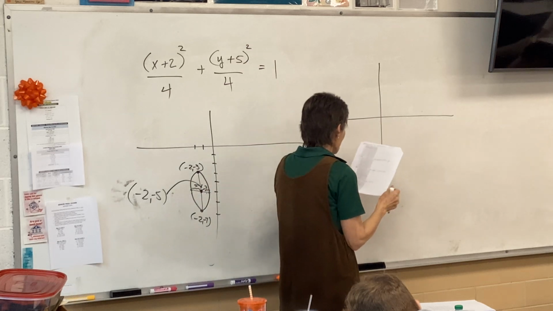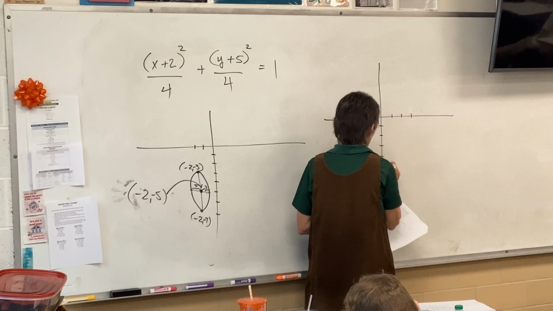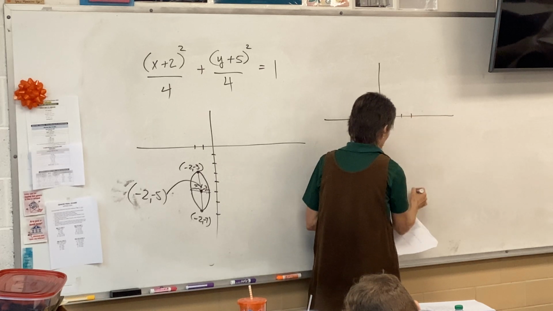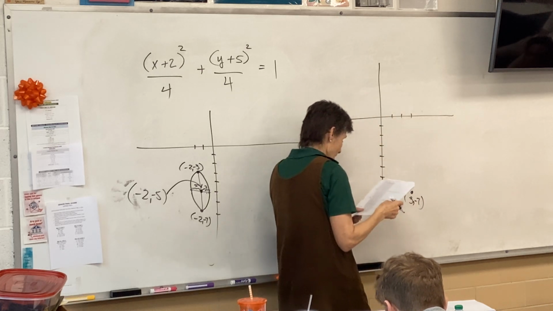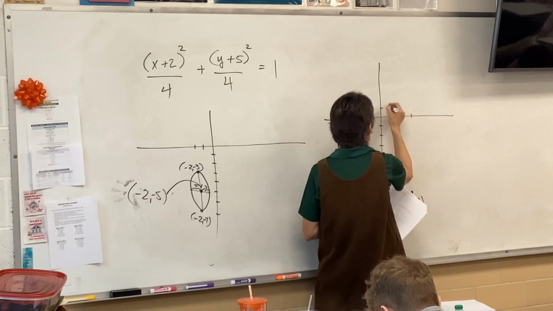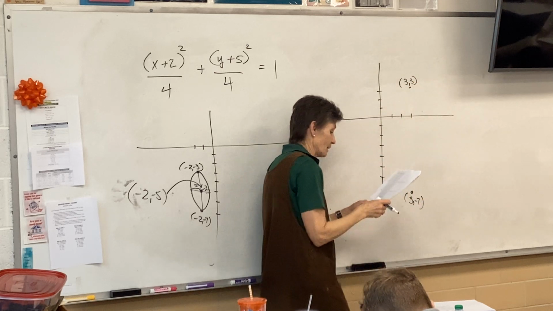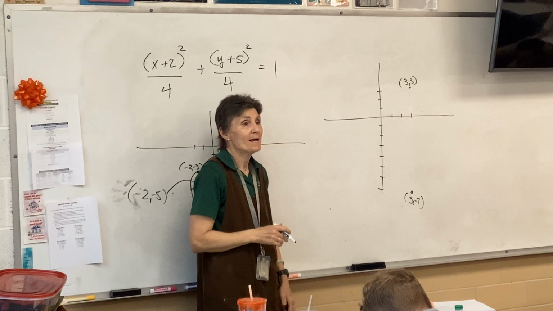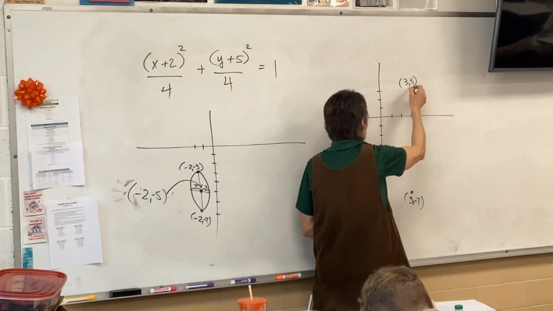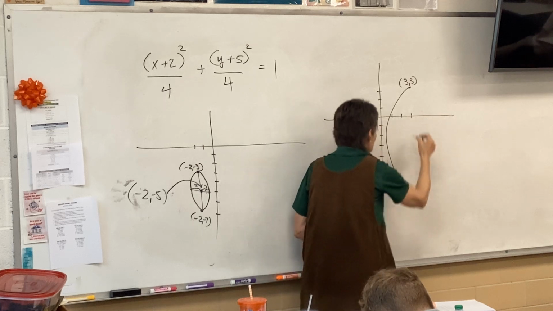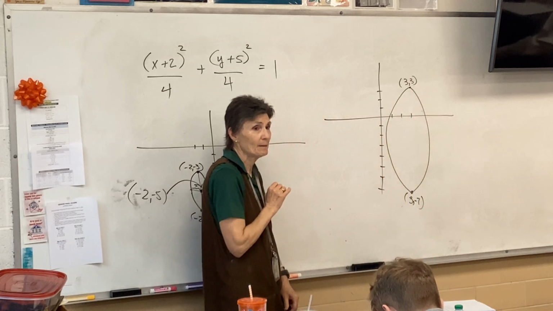All right, so we have major endpoints at (3, -7) and (3, 3). So I don't know exactly what it looks like, but something like this. Would you agree with that, if those are the major endpoints?